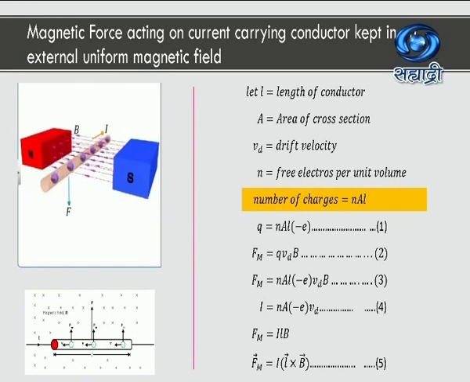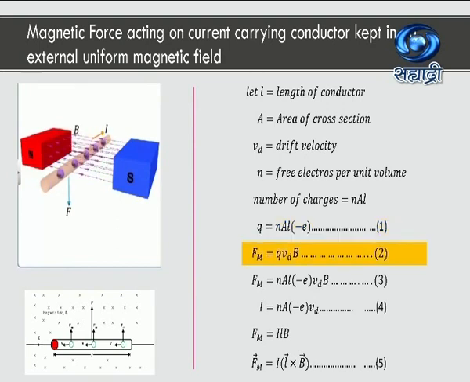These are the number of charges. The total charge held by this conductor must be equal to the total number of charges times the charge on an individual. If they are electrons, then the charge on each must be minus e. So total charge Q is equal to nAL(−e), equation 1. So this particular rod of length L and area of cross-section A holds this much charge.